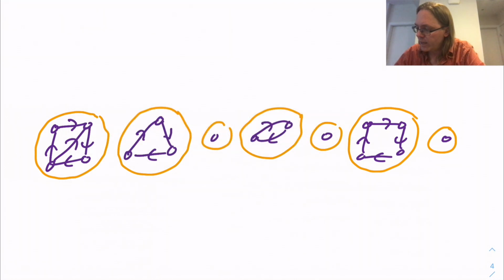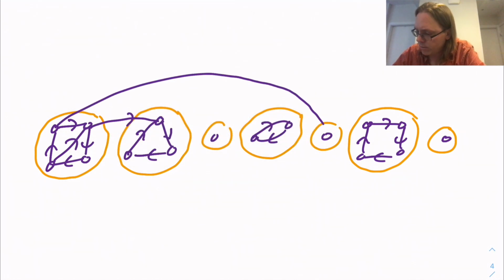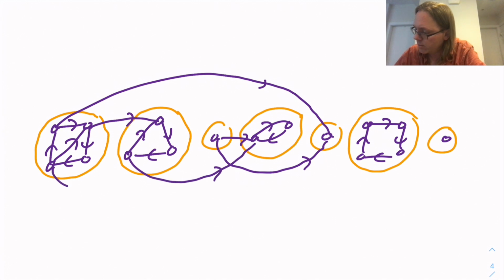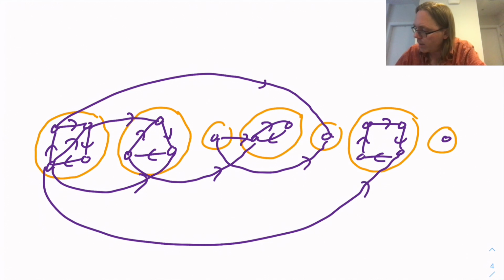So what we're saying here is that I'm not really telling you exactly when these edges are going to be present and when they won't be. That's really a more complicated thing. But what I am telling you is that all of the edges that are not within one of the strong components here will be directed left to right.